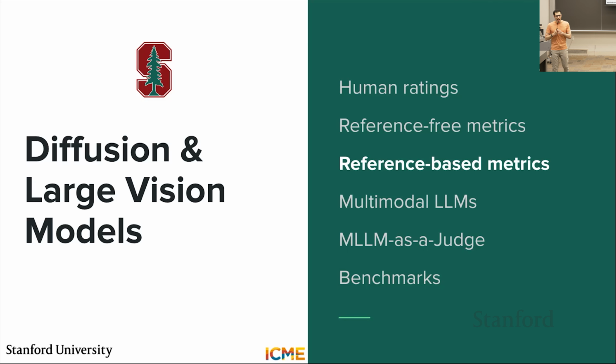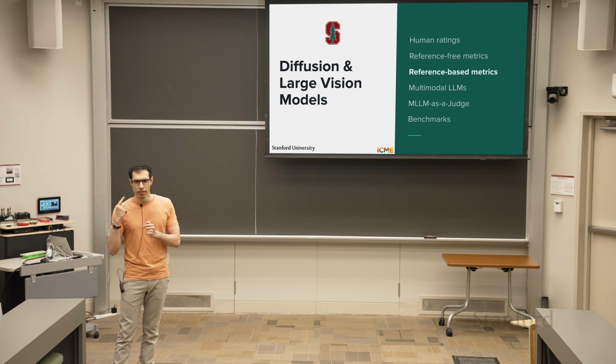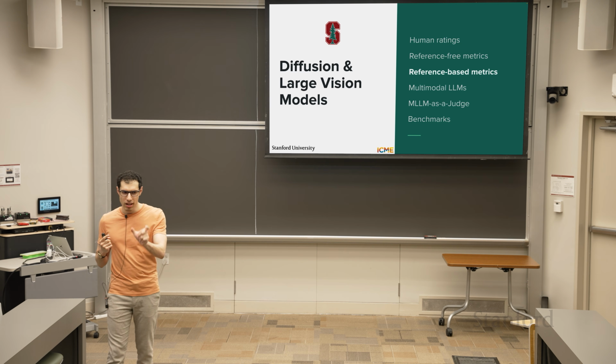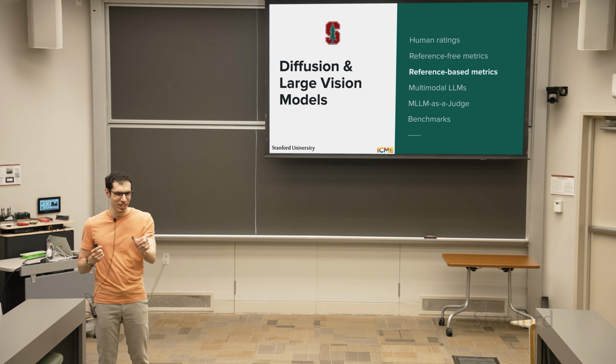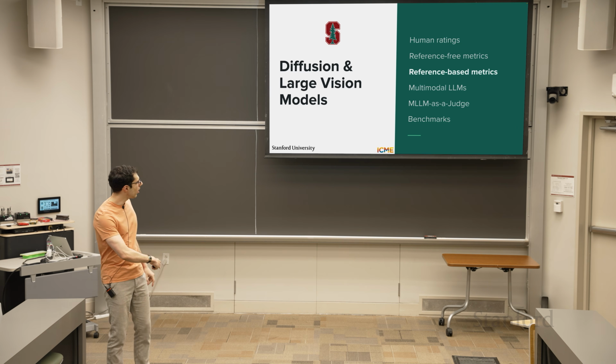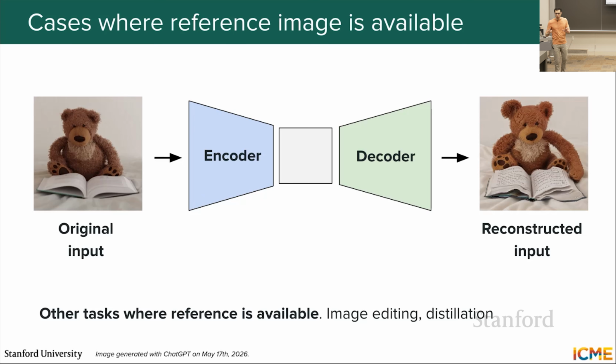Now, I want us to take a step back. When we talk about evaluation, we may think about the image generation model. But as we saw, it's not the only model we're interested in. We've also seen other pieces that do matter. For instance, the VAE, which is tasked with reconstructing the input.